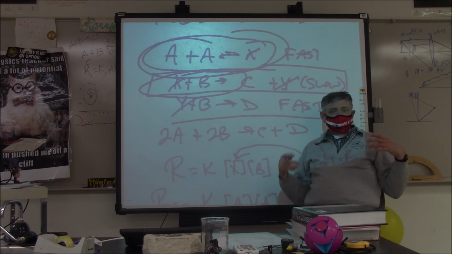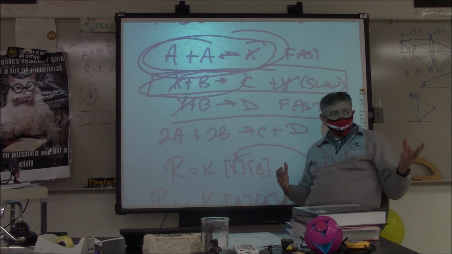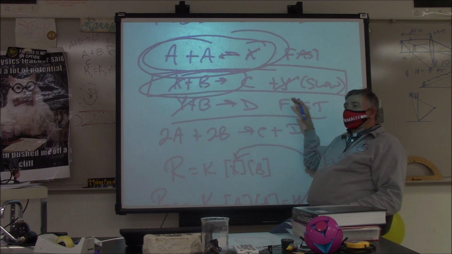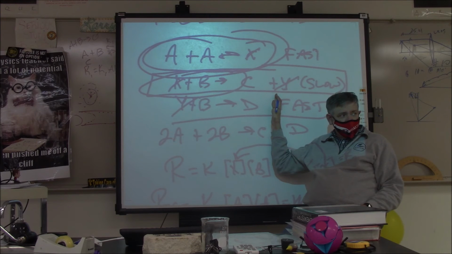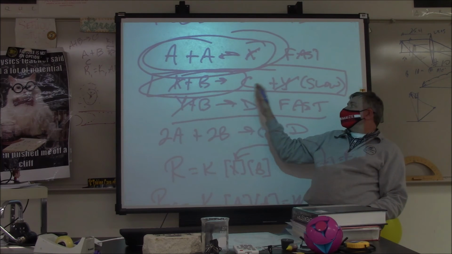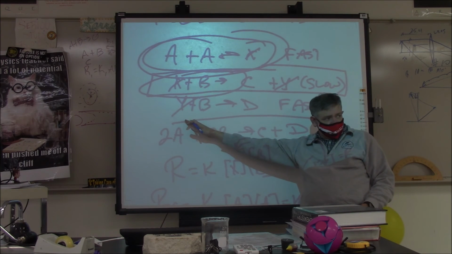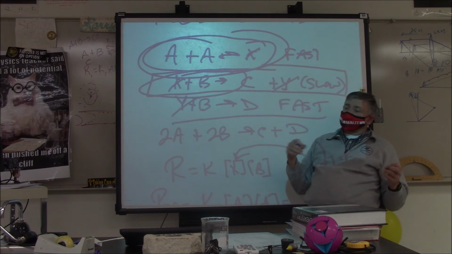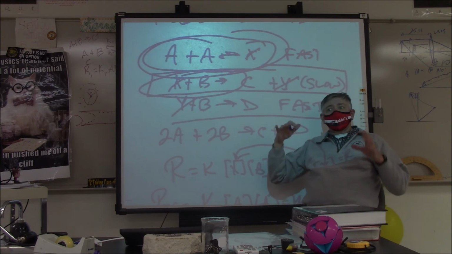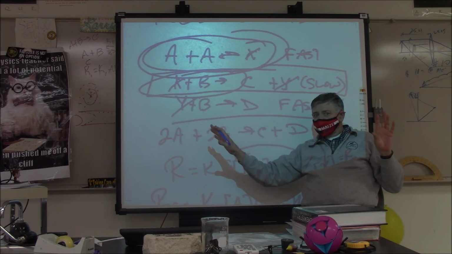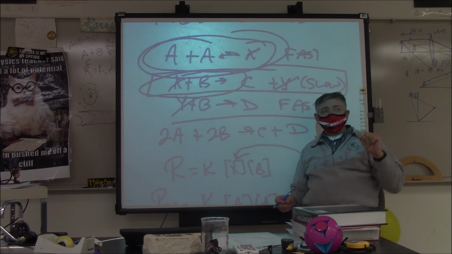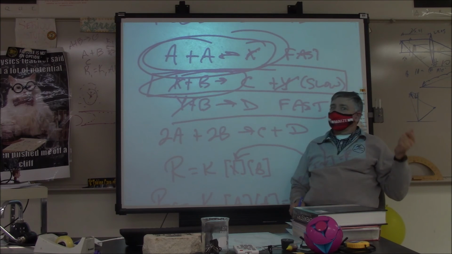So if you were to actually run this experiment, it would be incredibly difficult to detect the presence of Y, because as soon as I make it, it's going to get consumed over there. So sometimes you have mechanisms where logically it makes sense that I'm going to make this, but it's going to be so fleeting that we won't actually be able to detect it.